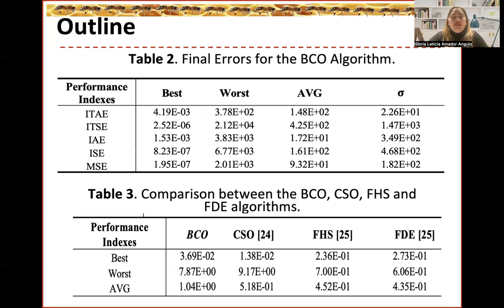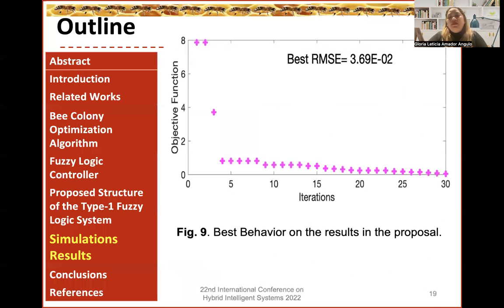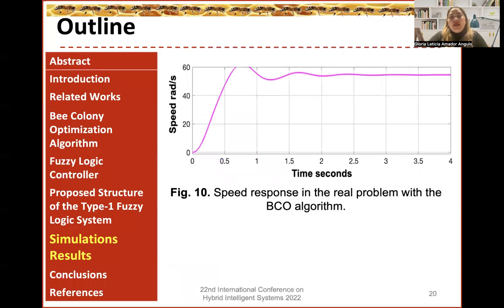Table 3 indicates the comparison between the 3 important bio-inspired algorithms. The best behavior of the result is presented in image number 9, and image number 10 represents the speed response in the real problem with the BCO algorithm.